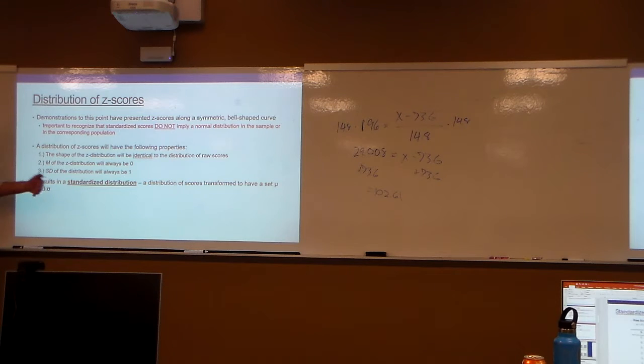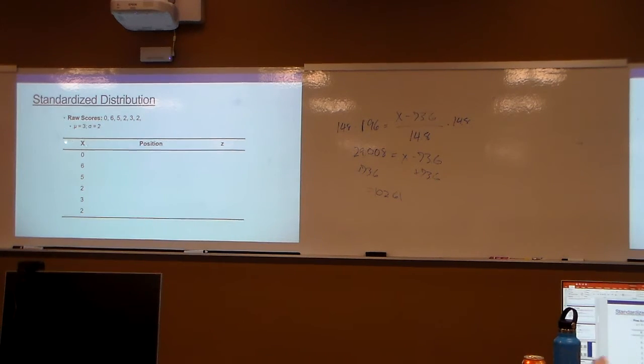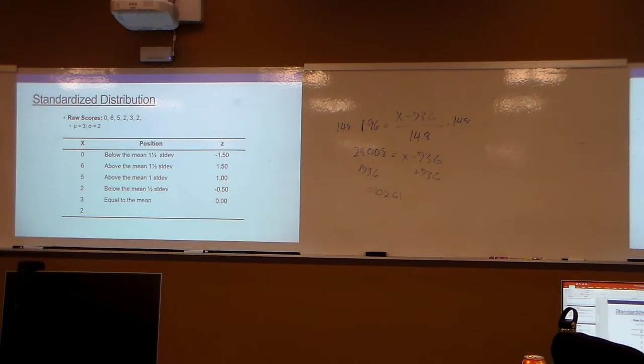We do this, and it gives us a standardized distribution with a set mean and set standard deviation. So we've got our raw scores: 0, 6, 5, 2, 3, 2. We've got a mean of 3, standard deviation of 2. A score of 0 is 1.5 standard deviations below the mean, so a Z-score of -1.5. Same thing for a score of 6, 5, 2, 3, 2.